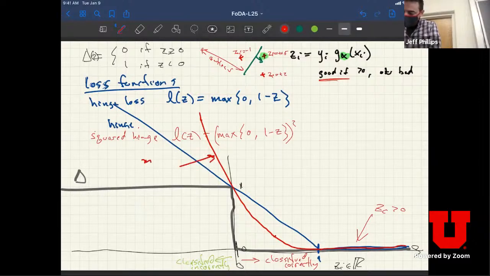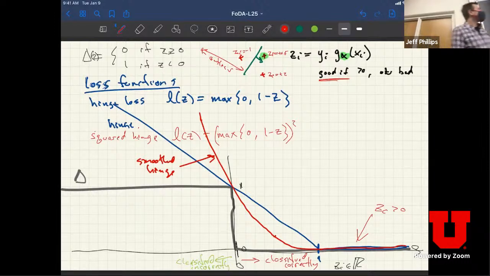This is going to be the smooth hinge. This one's going to be even worse with outliers. If a point is misclassified, once I get past that, it's really going to shoot the cost up. It's going to go up at a rate which is quadratic with the distance. Relative to that, the hinge loss function is more stable with respect to outliers.